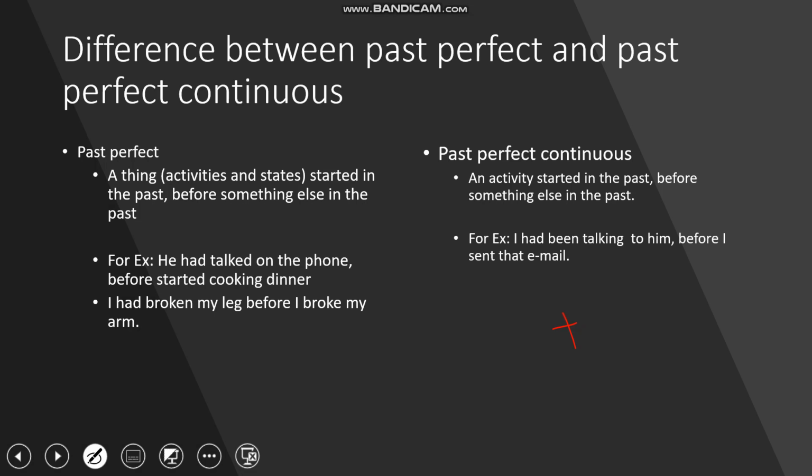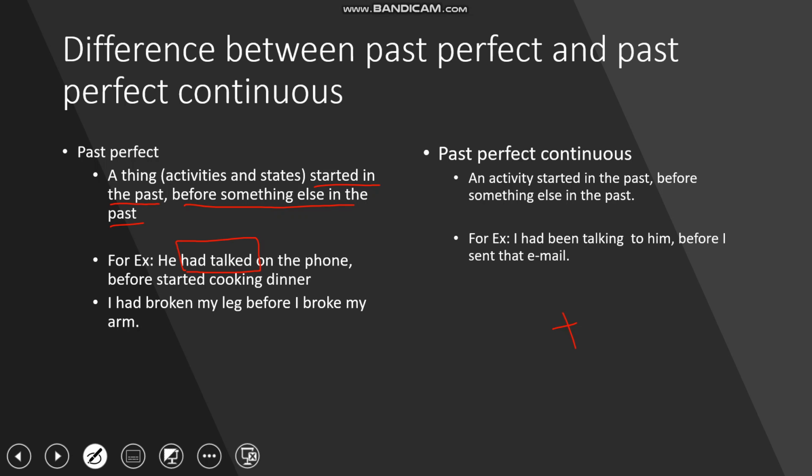Let's see the difference between past perfect and past perfect continuous tense. In past perfect tense, it means a thing or an activity or a state started in the past before something else in the past. It describes an action completed before a certain point of time in the past, before another action began. For example, he had talked on the phone before he started cooking dinner. Here you notice that there are two actions.